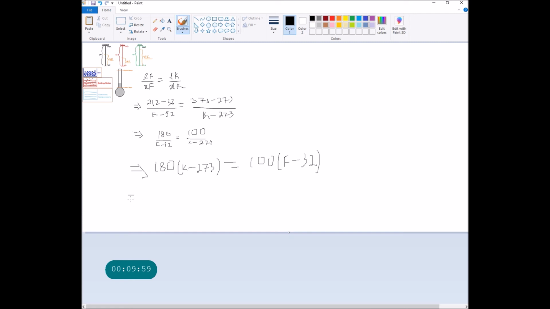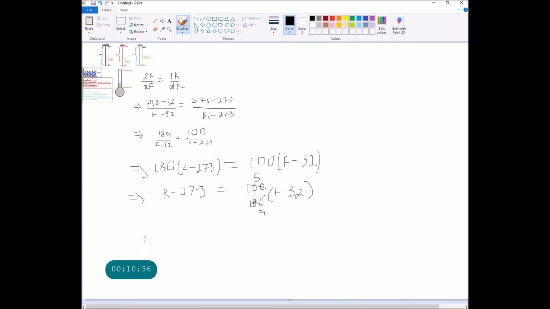Now again we should take this 180 to the other side, so we get K minus 273 is equal to 100 by 180 into F minus 32. When we simply divide 100 by 180, we get 5 by 9.